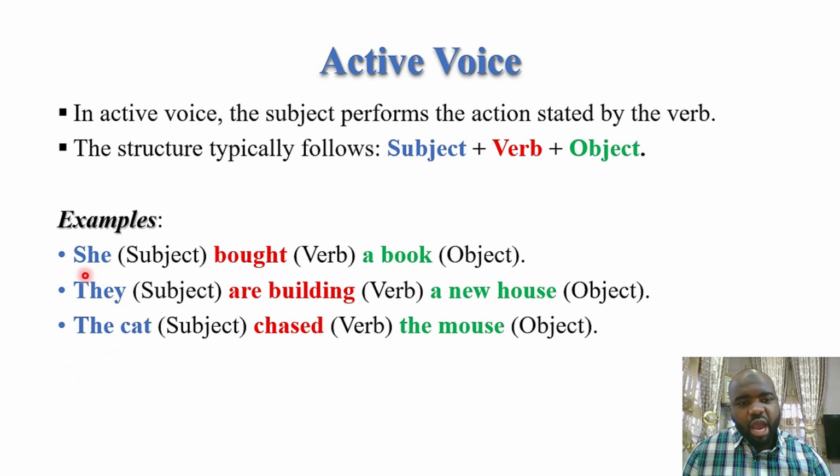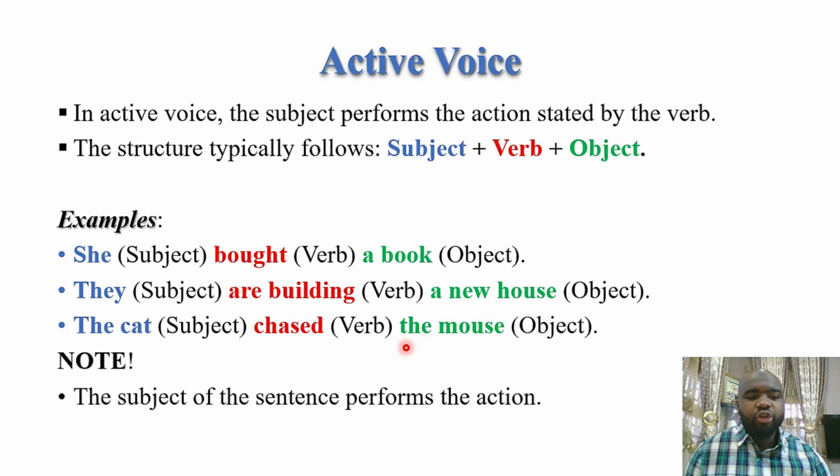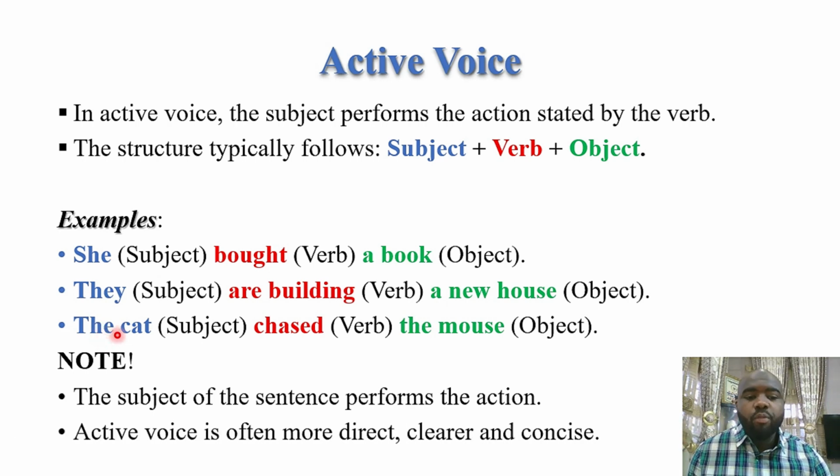So here we have subject, verb, object. Now take note of this: the subject of the sentence performs the action. So the emphasis is on the doer of the action, the performer of the action, the subject of the sentence. Also, active voice is direct, clear, and concise, just like what I've said.